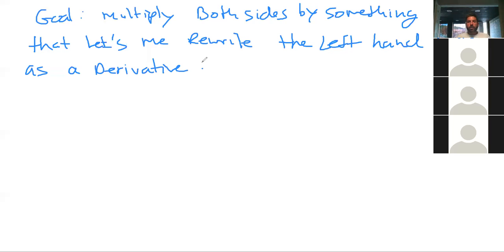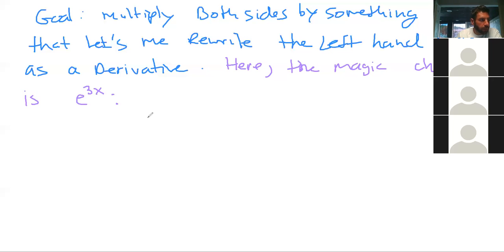Now I'm going to save us some time. If you think about it, you'll say, oh, that makes sense. Here, the magic choice is e to the 3x. So I'm going to multiply both sides by e to the 3x.